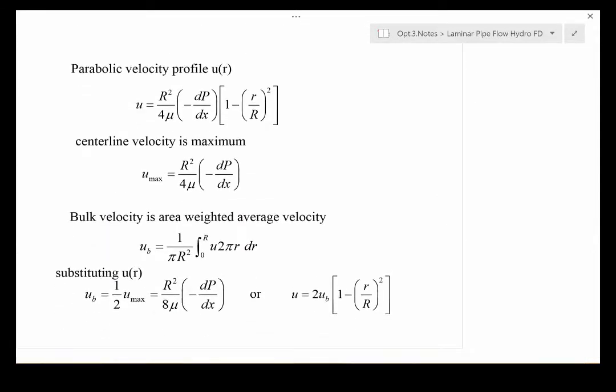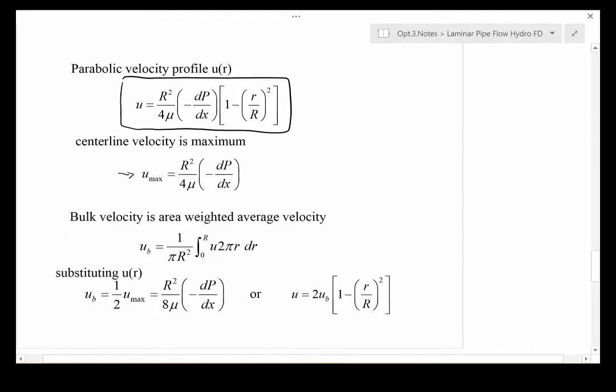And we substitute that into our original u of r equation, and we get that well-known parabolic velocity profile. So u of r is parabolic, and the centerline velocity is the maximum value. Its magnitude is R squared over 4 mu times minus dp dx.